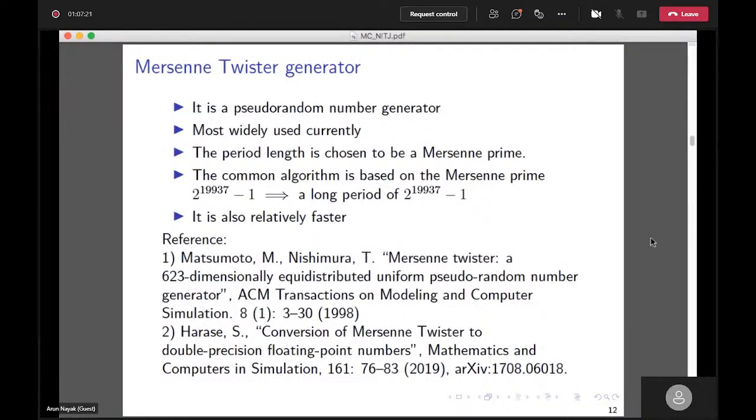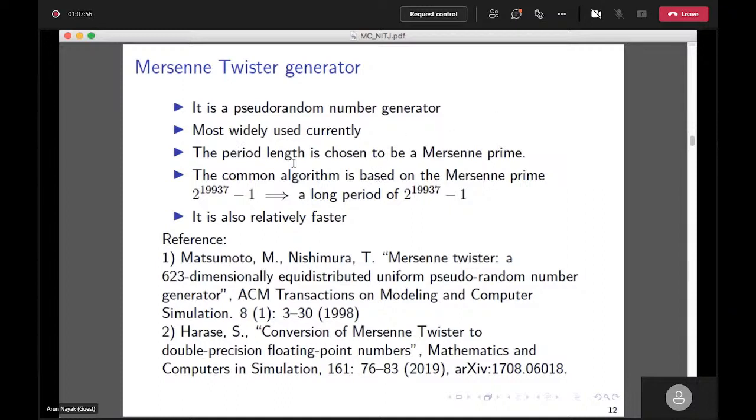Then there are actually many types of these random number generators with different periodicity. I just give one which is quite frequently used. It's called the Mersenne twister generator. This has a period length of something like 2 to the power of this large number. It is really very large, and its period is chosen to be a Mersenne prime.